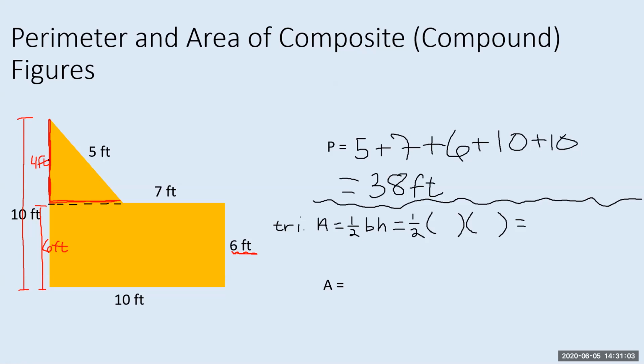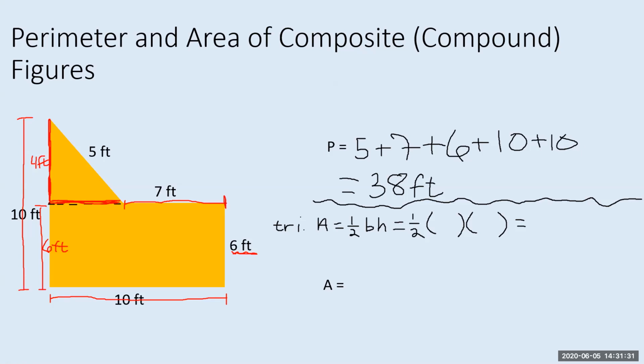Now, what about the base? Well, we know that from here to here on our compound figure is 10 feet. So it's kind of the total distance from the left side to the right side. And then we know that this part here is 7 feet. So what's this missing portion going to be?